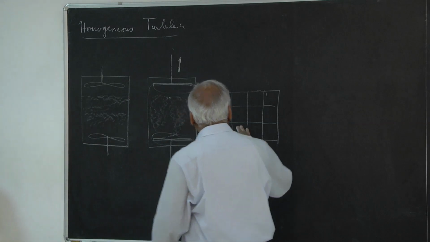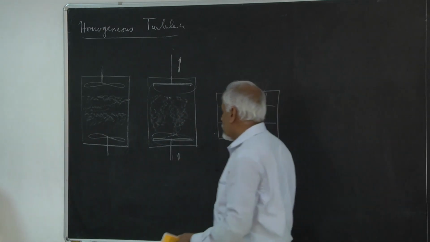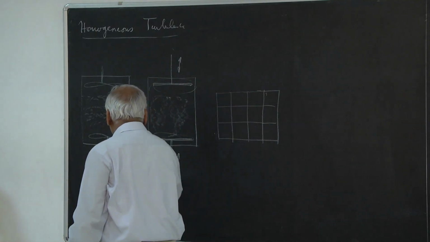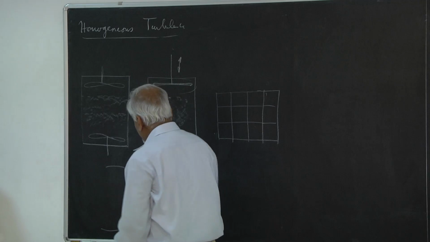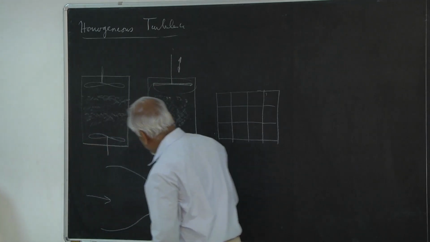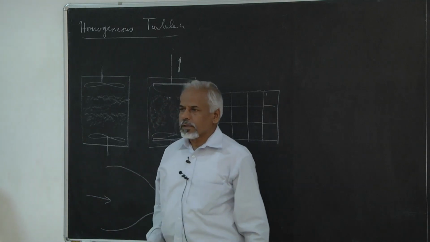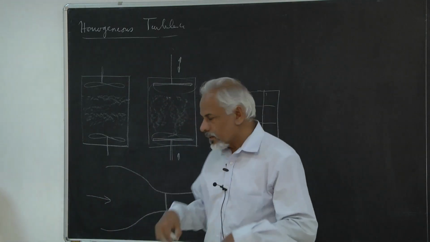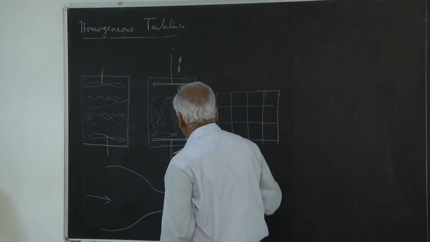And now imagine I have a flow like this into the grid. So for those of you who have not seen a wind tunnel, that's how it will look. I have flow coming in here, and I put a grid there. There's a lot of stuff in here which tries to make the flow smooth and nice. But I put the grid there, so this grid is this one here.